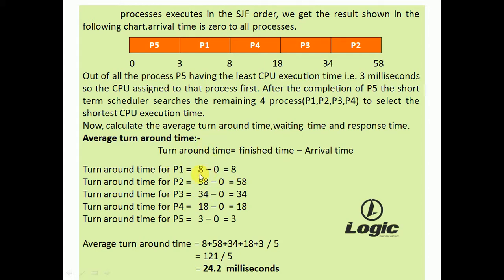So process P1 has finish time 8 and arrival time 0, then the turnaround time for process P1 is 8 milliseconds. In the same way, calculate the turnaround time for P2, P3, P4 and P5, add the turnaround times of all processes and divide by the number of processes. So the addition of turnaround times divided by 5 gives 24.2 milliseconds as the average turnaround time.